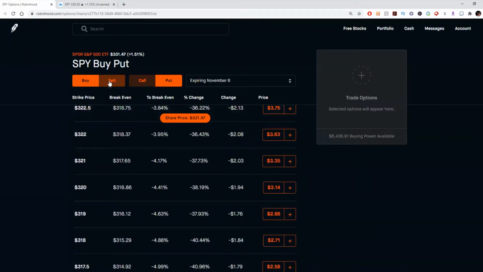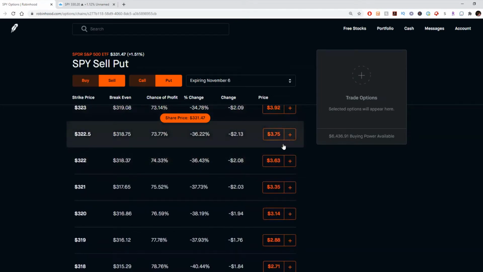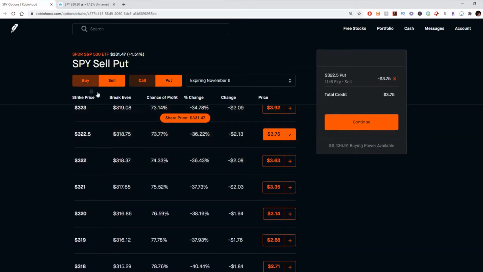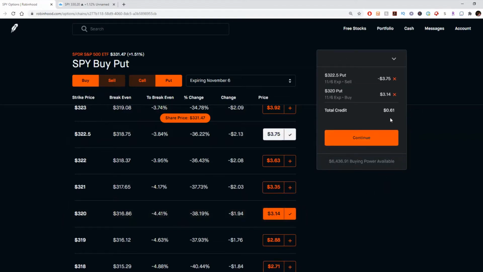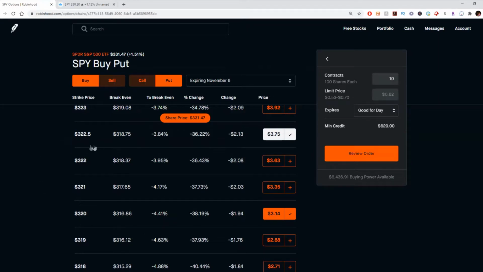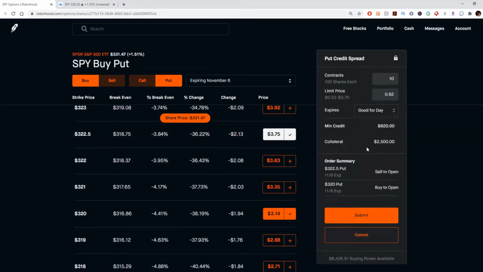You could scroll up here and sell the 322.50 put, and simultaneously buy, say, the 320 put, and now you get a credit of $61 instead of just $30. But since the difference in strike prices is still $2.50, your collateral is still going to be $2,500. So it's similar to the previous example. The collateral is still $2,500, but instead of a credit of just $310, now you're getting $620, which is twice the credit that you got.